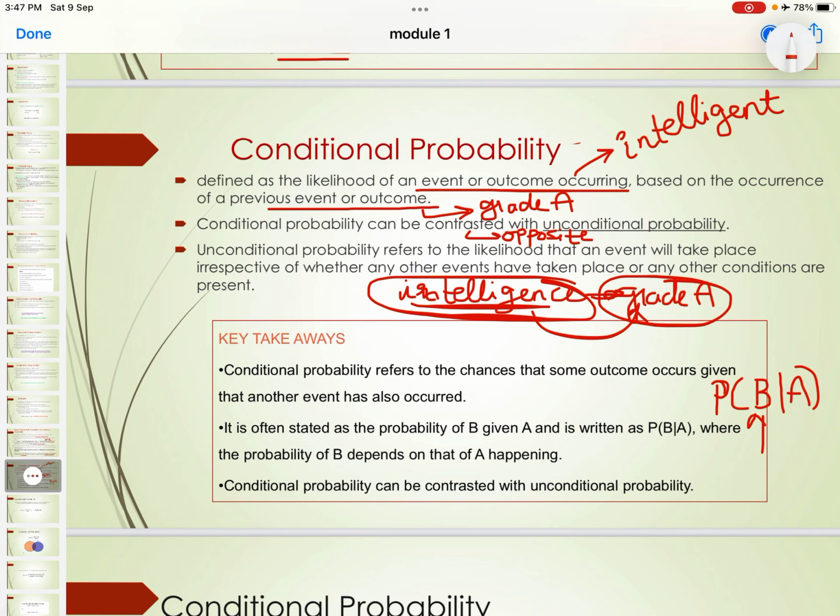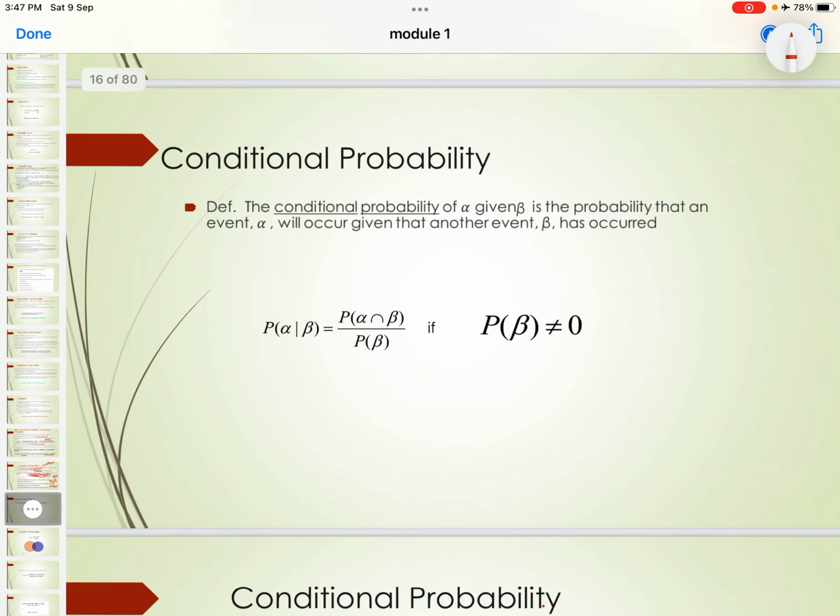So probability of B means the probability of a student being intelligent depends on A occurring, that is, the student getting a grade A. So probability of B will depend on the A probability. Conditional probability is the opposite of unconditional probability.